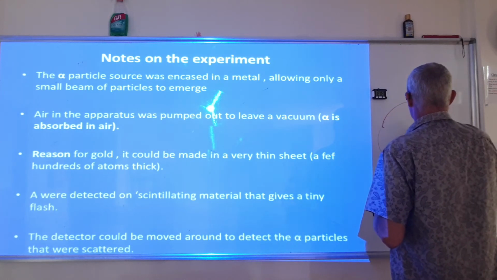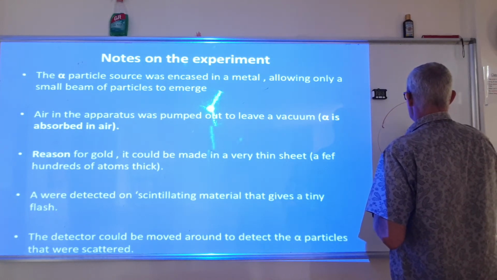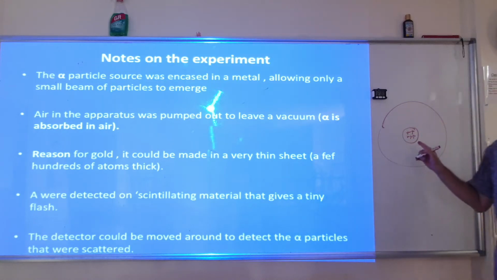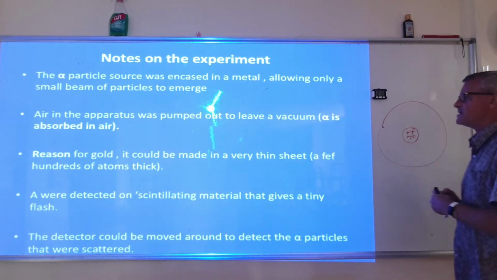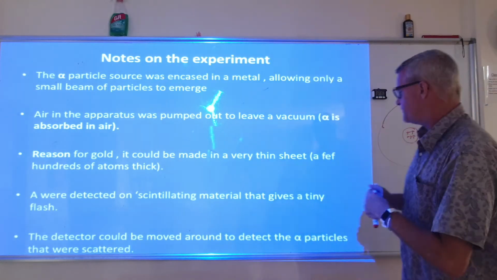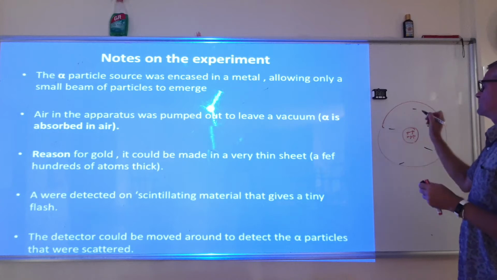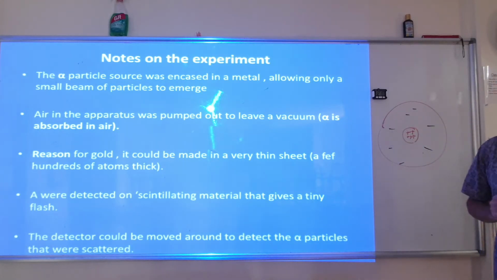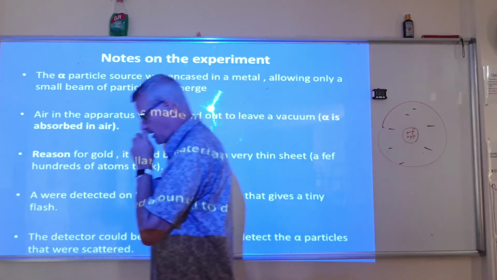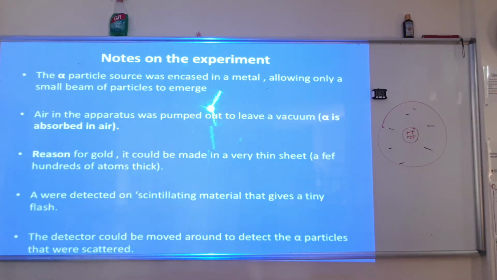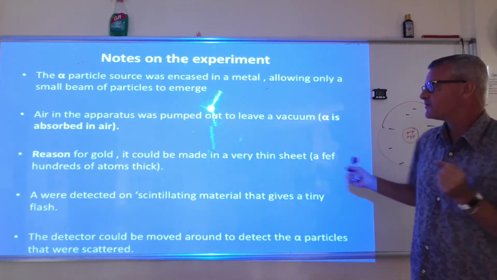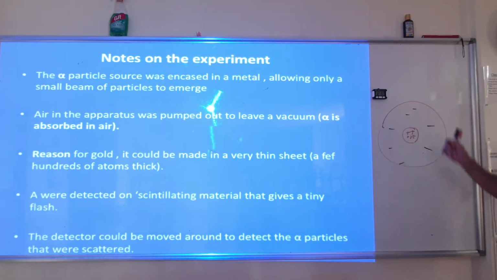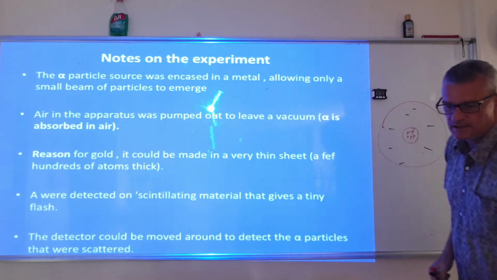We knew that we had a nucleus containing positive particles, which we now know are protons, and we had electrons, because simply they could detect whether an atom had a charge or not. Atoms don't have a charge because they have equal amounts of protons and electrons.